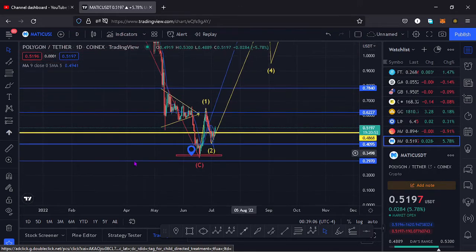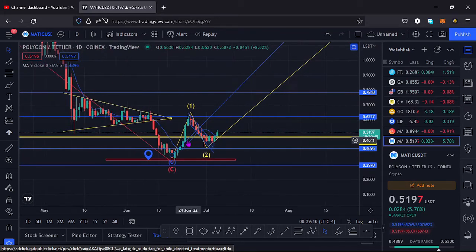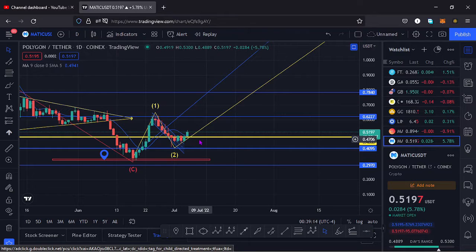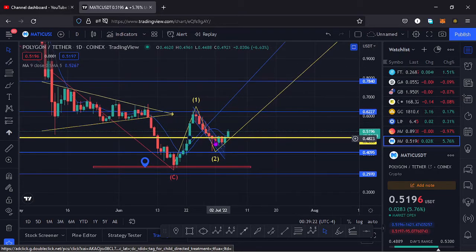At the time of recording this video, we have broken above a key area of resistance at around the $0.48 mark. We are trading above that key area of resistance, and it's now an area of support.